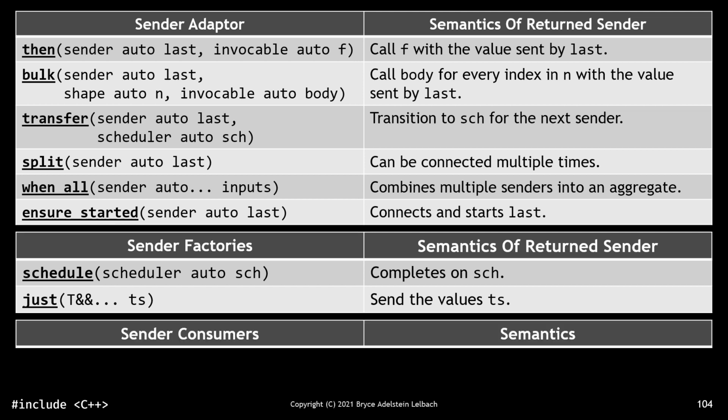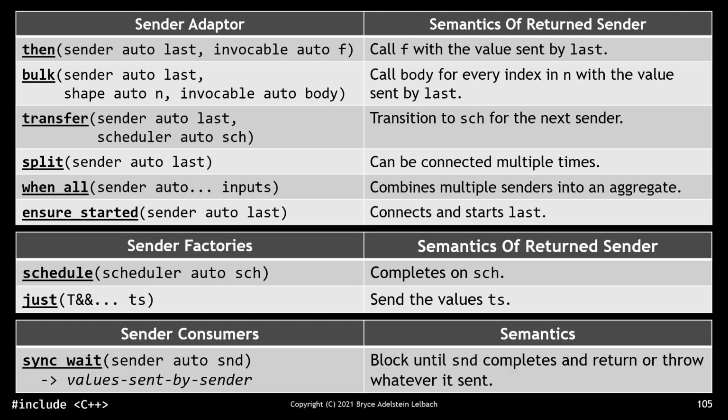The last kind of sender algorithms are sender consumers. They take senders but do not return senders. They typically launch a sender graph by connecting and starting it. They are the leaf nodes of sender graphs. sync_wait is a sender consumer and synchronization primitive that blocks until a sender completes and then returns or throws whatever was sent.